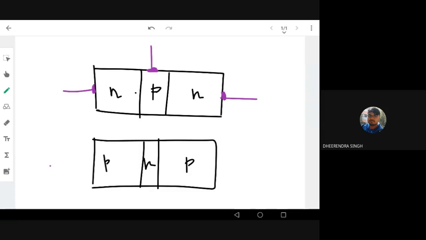Okay, so we have three regions which we already discussed, I think, in brief. The first region of the transistor is called the emitter region. Another region is called the base region. And the last region is called the collector region.